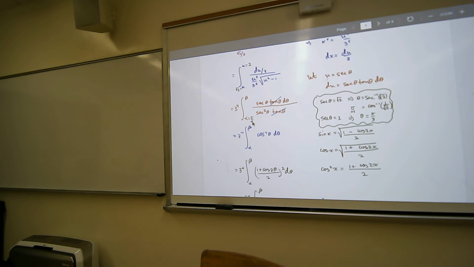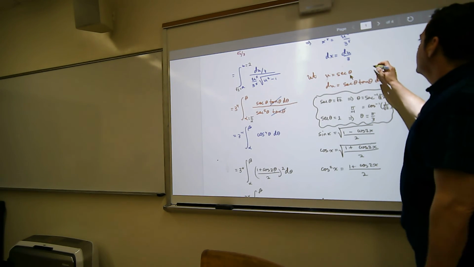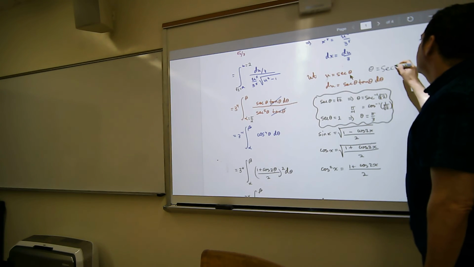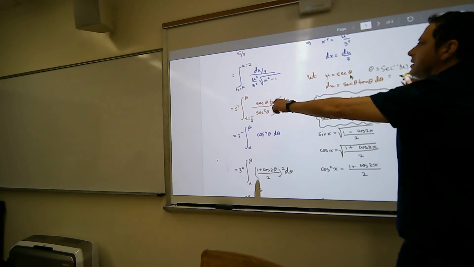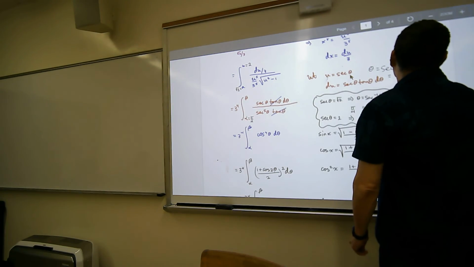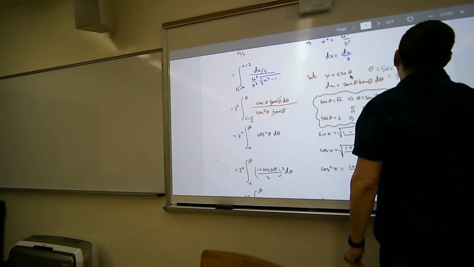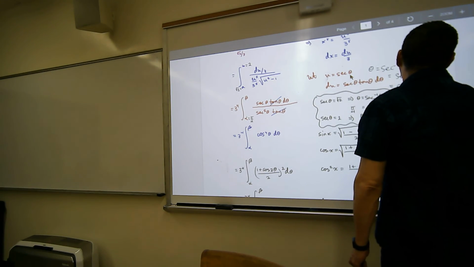How did we get the pi over 4, for example? We started with square root of 2, so since u is secant theta, theta is secant inverse u, so secant inverse square root of 2 is like cosine inverse 1 over root 2, and we know what that is.